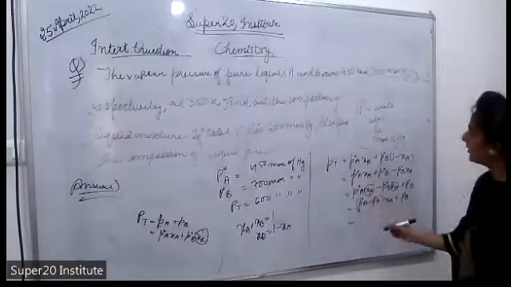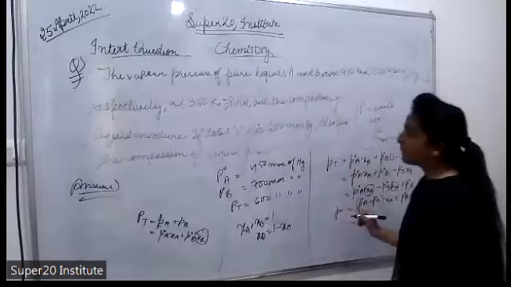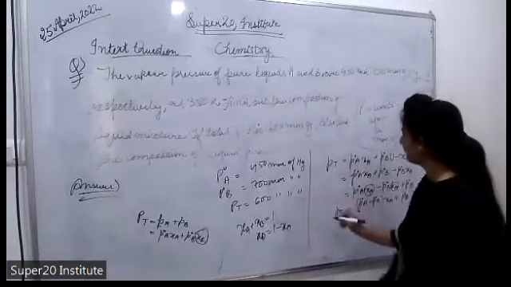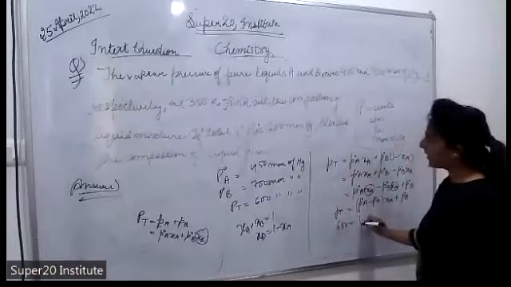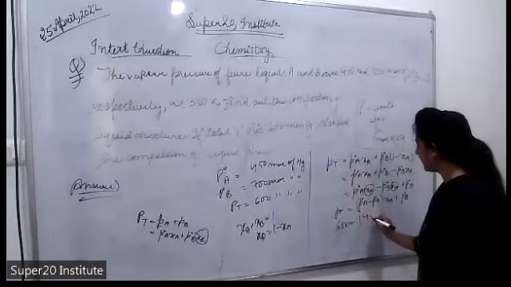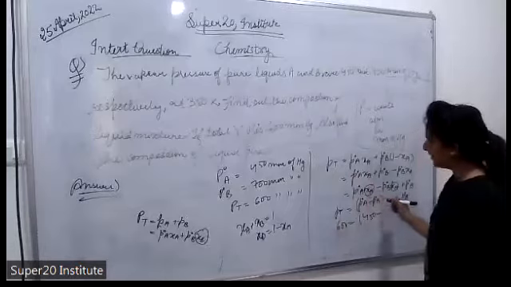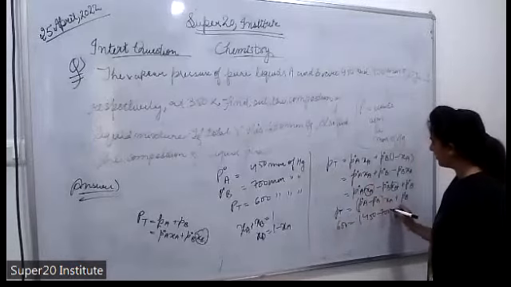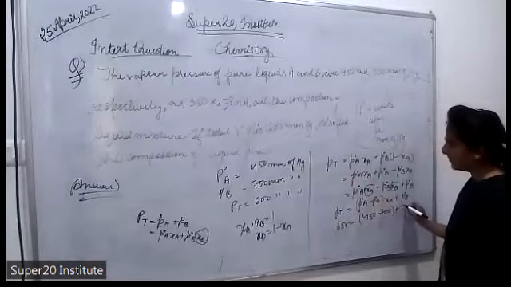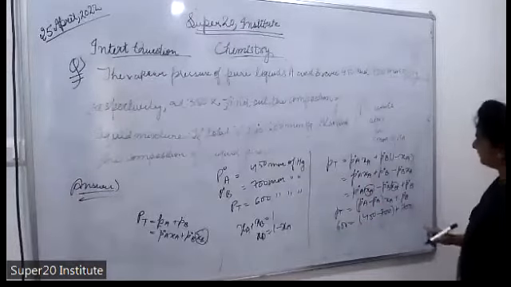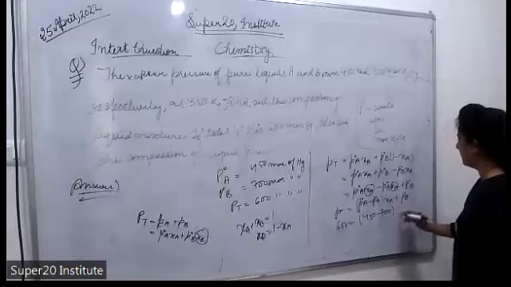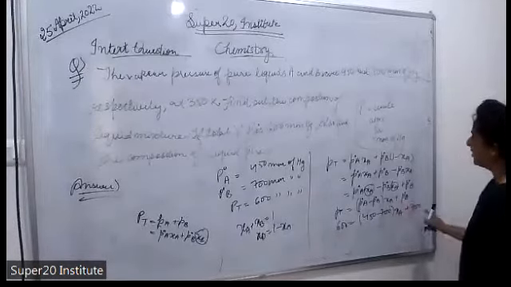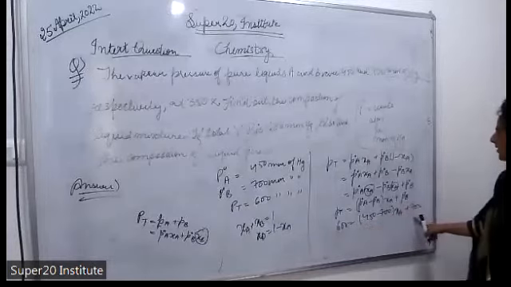What is the value of P total? P total will be 600, and P naught A will be 450 minus P naught B 700, times chi A, plus P naught B, 700. So this is a simple linear equation.